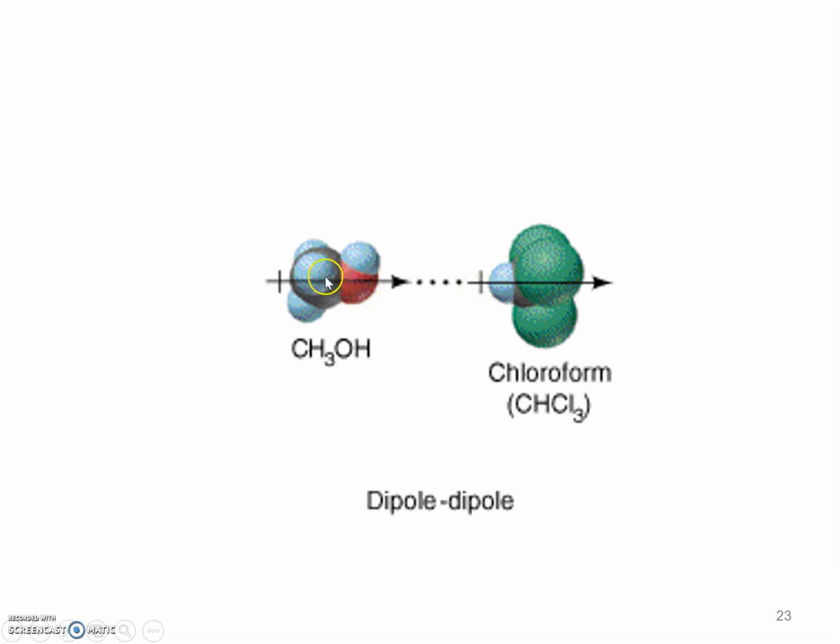Okay, and then here's an example of a dipole-dipole interaction. So we've got chloroform, which, it's tricky to see, but there's a carbon in the middle here, and then we've got 3 chlorines plus a hydrogen. So the hydrogen has a slightly positive charge, and it's attracted to the slightly negative charge on the oxygen right here.